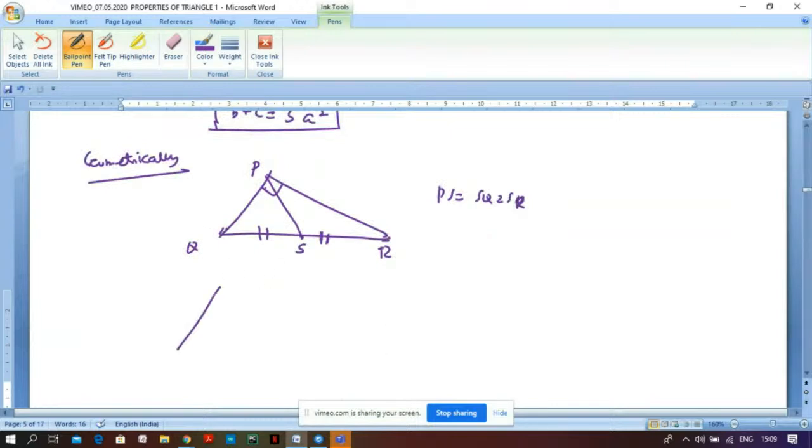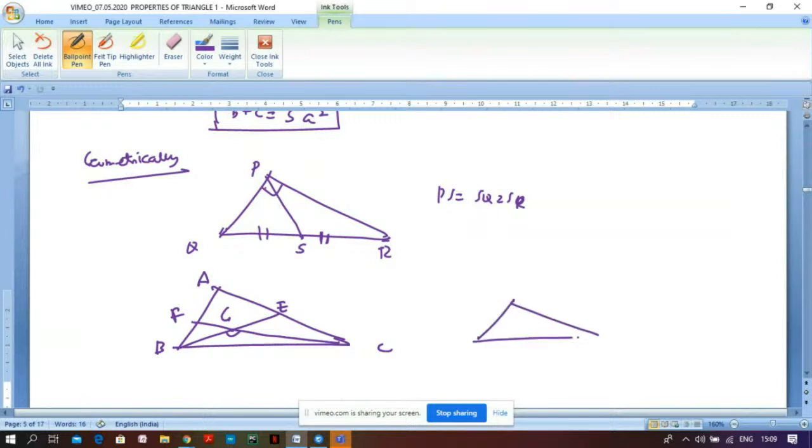So now we apply the same thing here. We are given A, B, and C, and we have got BE and CF, and they meet at G, and this is 90 degrees. So for my purpose, only this is enough. My triangle is G, B, and C, where this angle is 90 degrees. I know BG, that's 2/3 of MB.